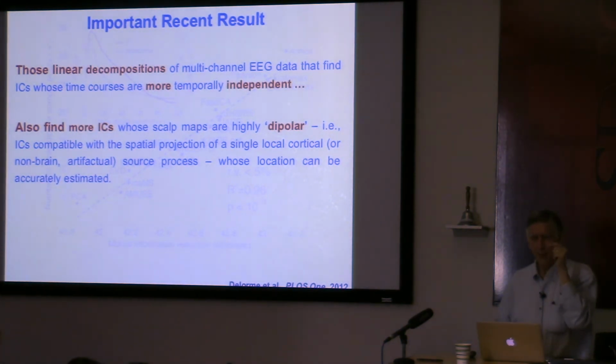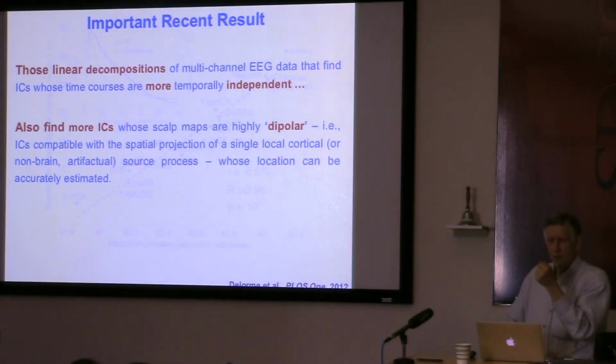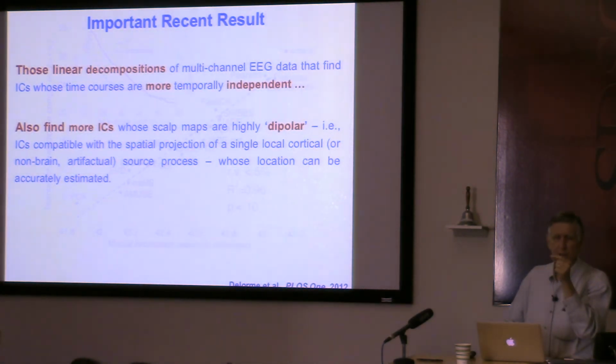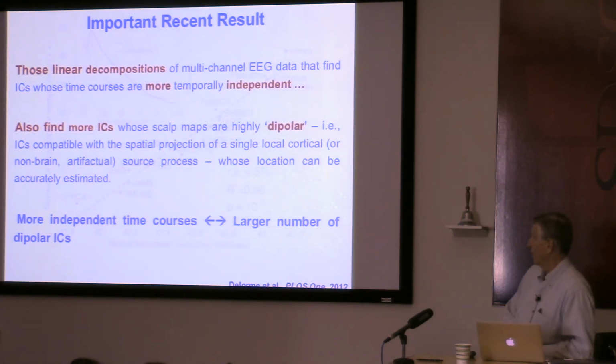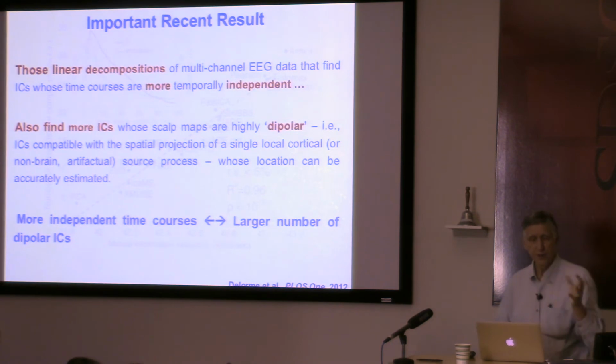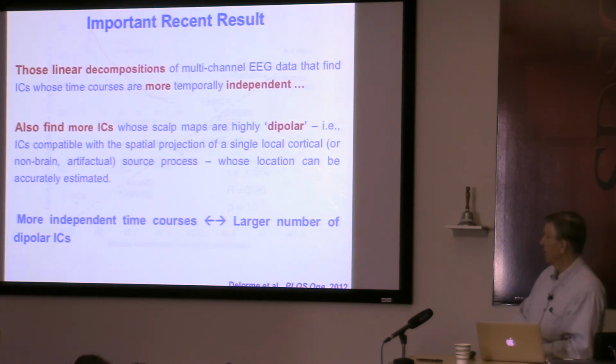That is to say, can represent, and undoubtedly do represent, I would say, the projection of a single cortical source. So the more independent the time courses of the components, the larger number of interpretable, localizable, and of course distinct, both numerically and functionally distinct brain processes and non-brain processes ICA has found in the data.